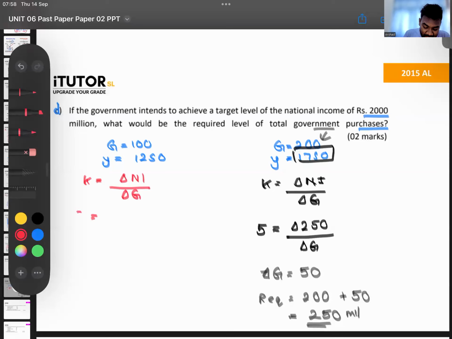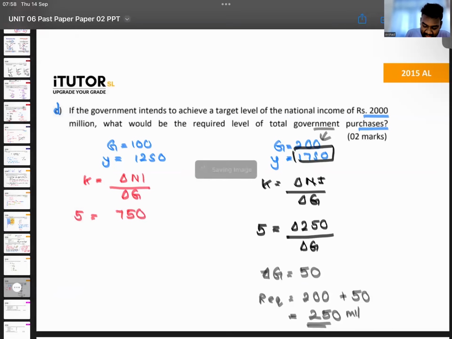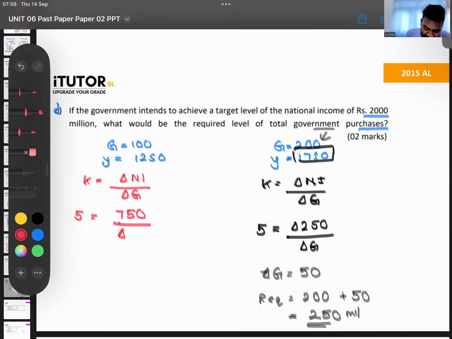We need a national income change of 750, no? So then can you work around and tell me how much you get as change in G? That's what we are trying to find. So change in G here, you work around, you will get 150. Your government spending from the level of 100 has to change by another 150.